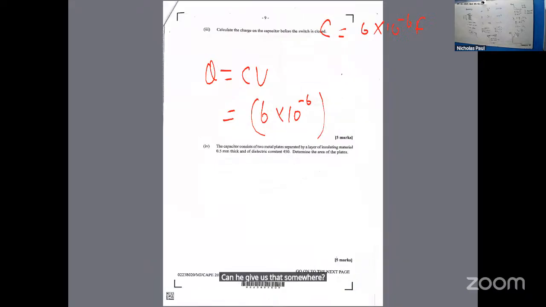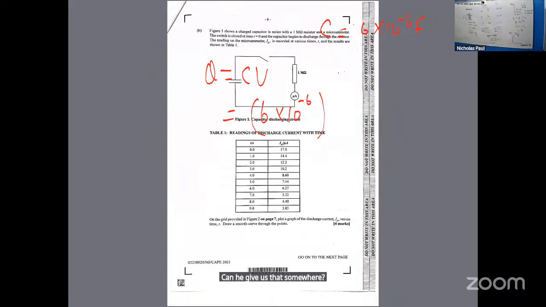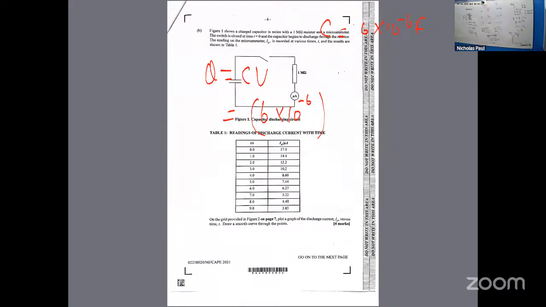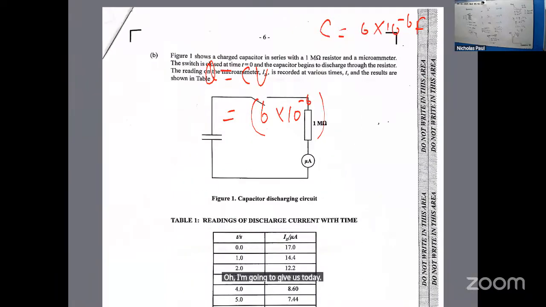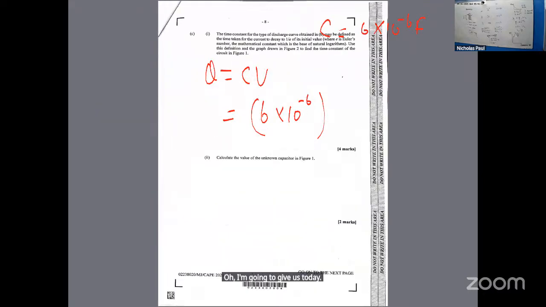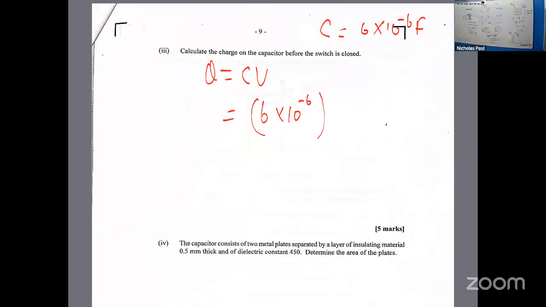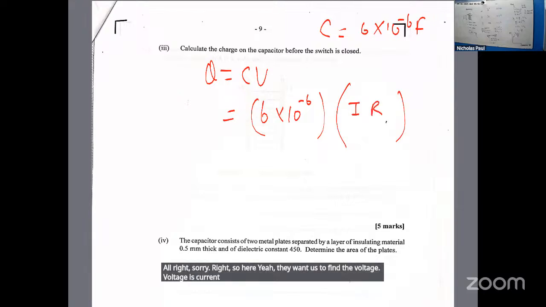V is equal to IR, giving us resistance and current. They give us the resistance and they give us the current. Right, so here they want us to find the voltage. Voltage is current by resistance.